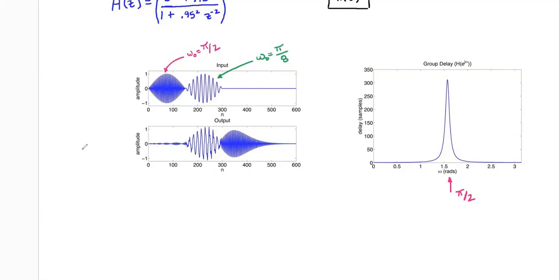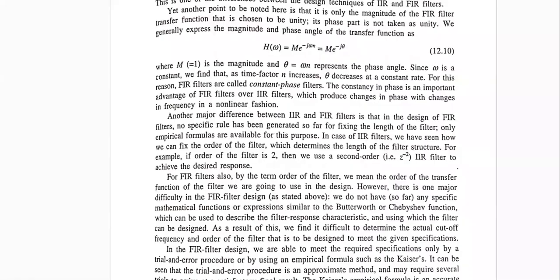If you talk about the phase response, then FIR system has linear phase and IIR system has non-linear phase. The group delay is constant for FIR system, and the group delay for IIR system is not constant. It will vary, and that is a problem.